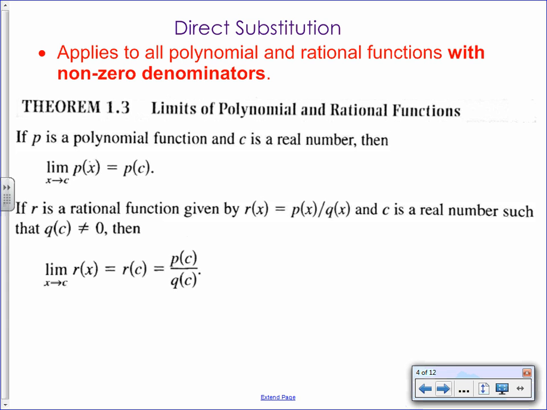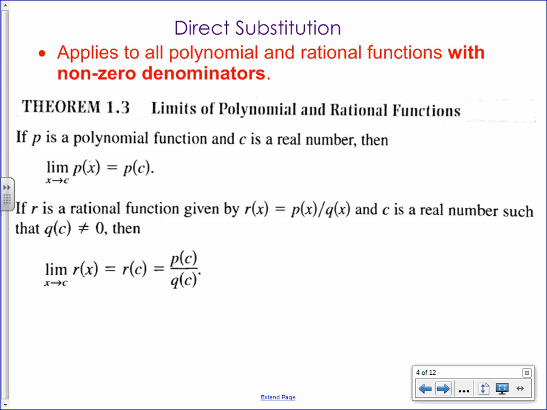We take the limit as x approaches c of a function and we just plug c in. We evaluate the function there. Because that's where the coordinate is, that's where our limit's going to be. That's where we're approaching, that coordinate. Okay? So whether it's polynomial or rational, as long as our substitution does not make this denominator 0, we can just plug and go. Okay?